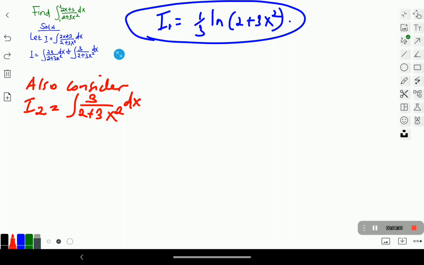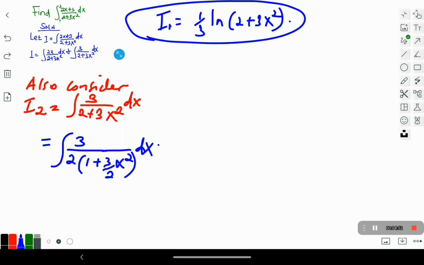If we put 2 outside, we can easily have 1 plus something times x squared. So we say 3 divided by 2 times (1 plus 3 over 2 x squared).